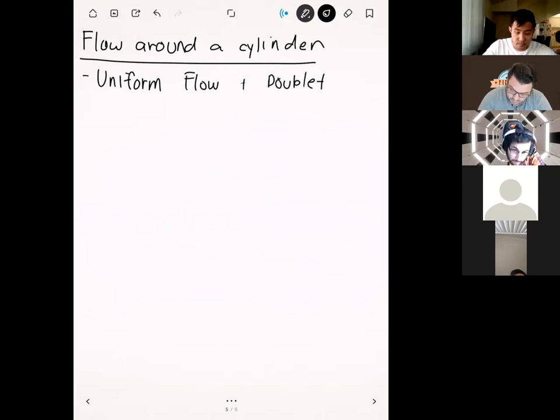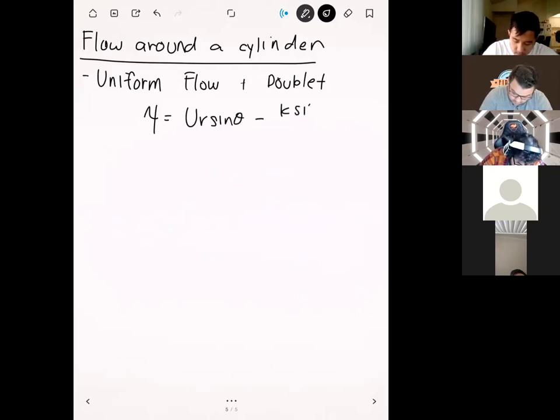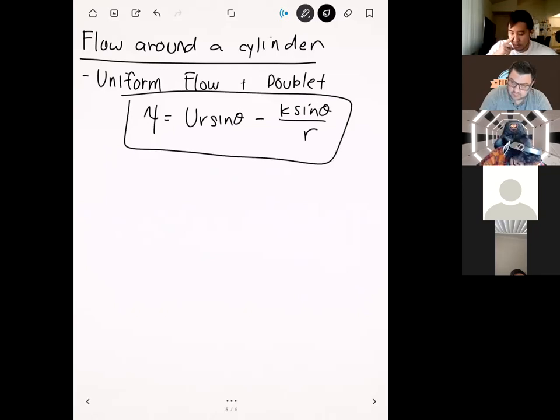The stream function looks something like this: U r sine theta minus K sine theta over r. Usually for our uniform flow, it's just U times y, but since the doublet is in polar coordinates, I switched to that.